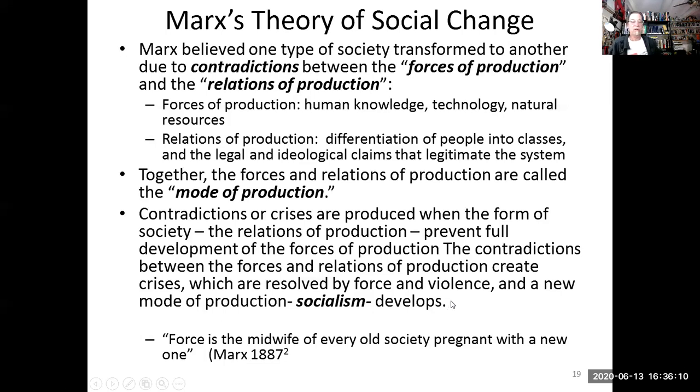Marx, like all other economists of the time, believed in the labor theory of value. The value of a commodity was the labor that went into it, the amount of labor time that was required to produce it. That determined the value.